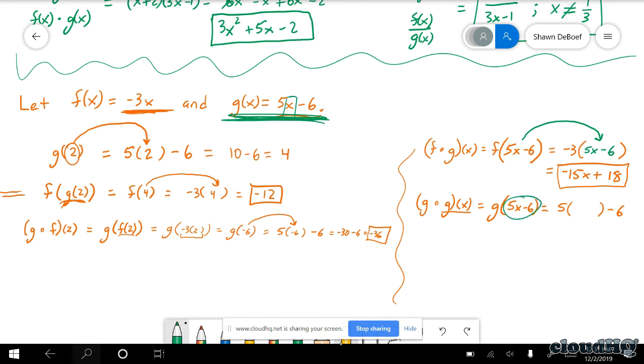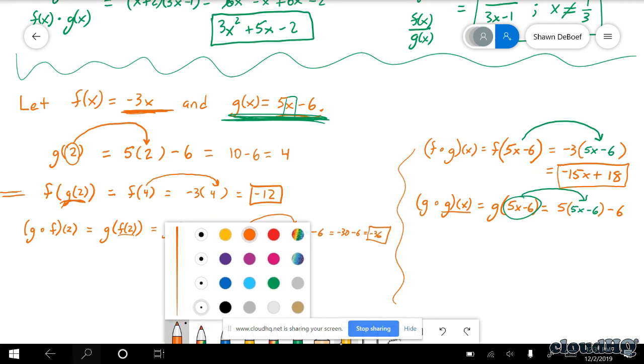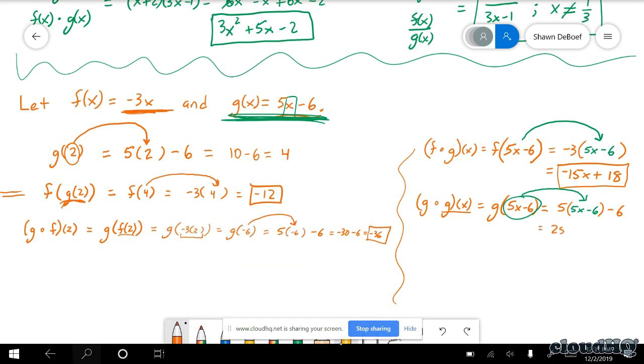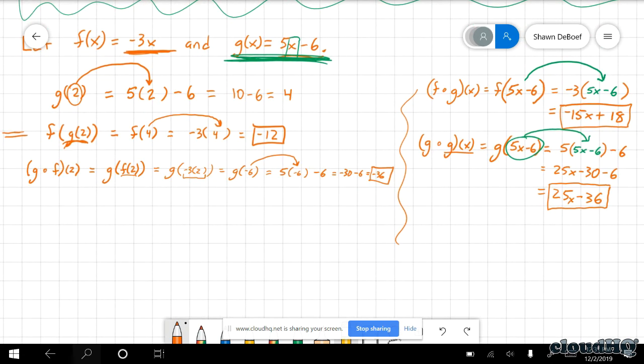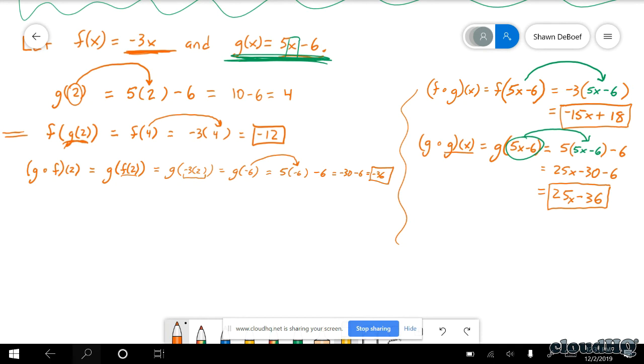And then I have to plug this in. 5x minus 6. 25x minus 30 minus 6 simplifies to 25x minus 36. That's composition of functions. That concludes the notes for today.